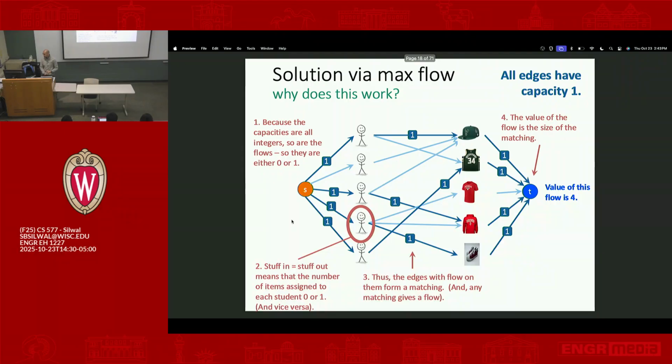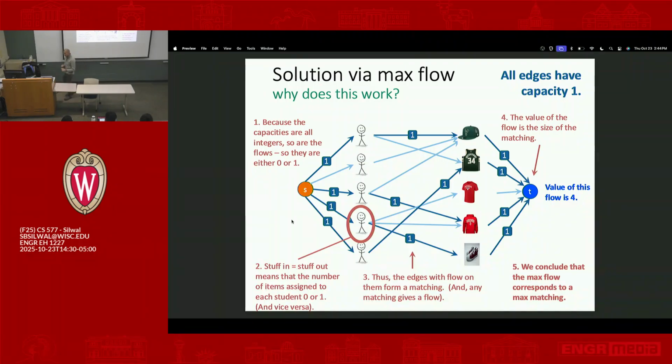All right. And then how do we say how many students got matched? Well, that would just be the value of the flow. So we can look at this cut and ask how many things ended up going to T? That's going to be 4 in this case. Basically, the max flow will correspond to a max matching, right?